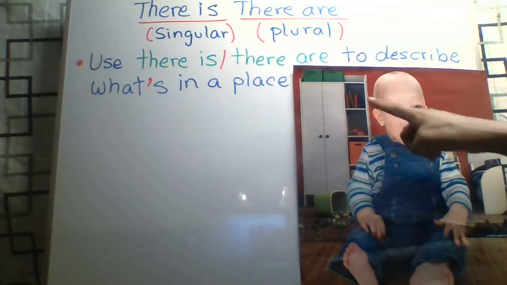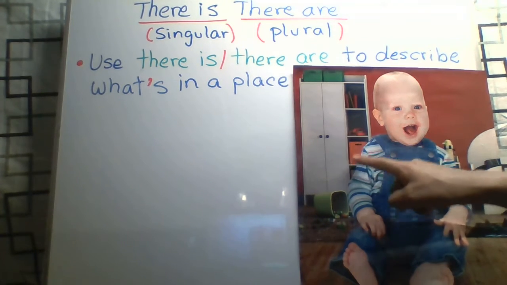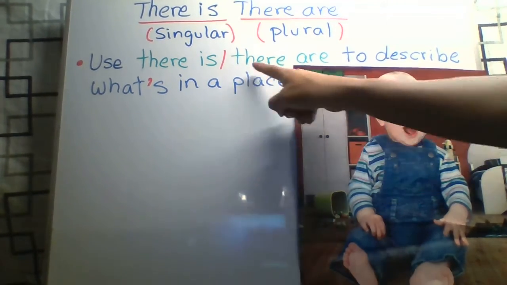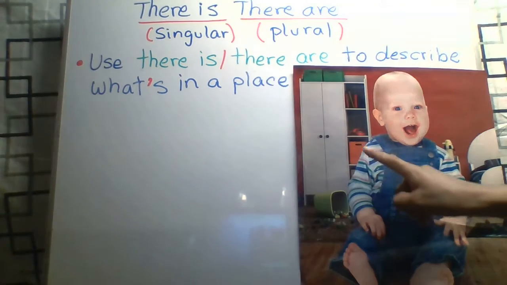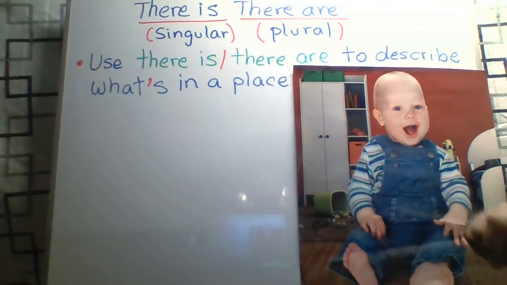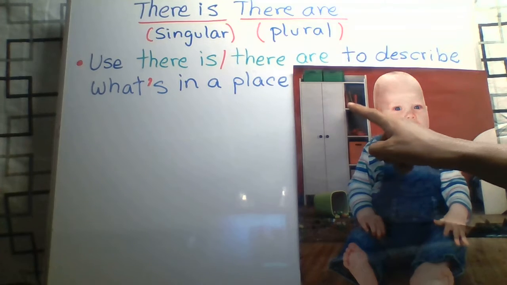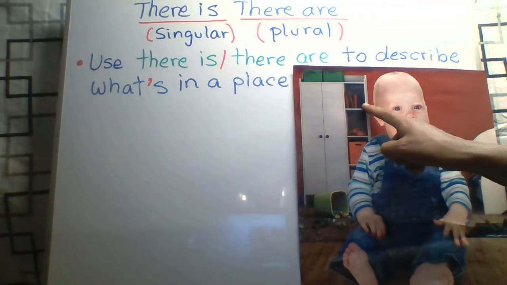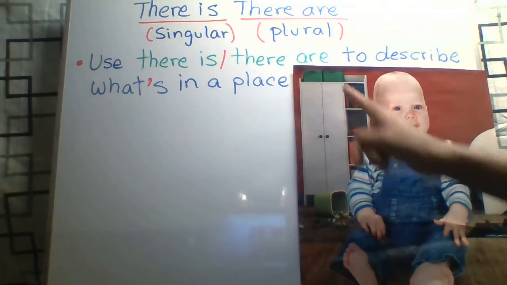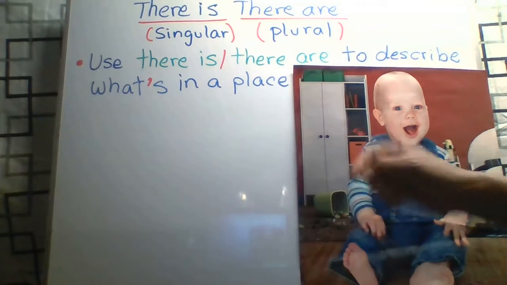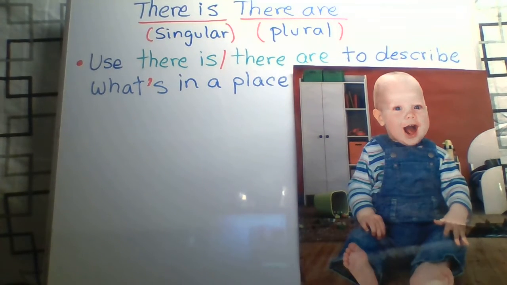For example, you can see some boxes here. So you can use there are two boxes. There are 6 books. There are two cabinets.